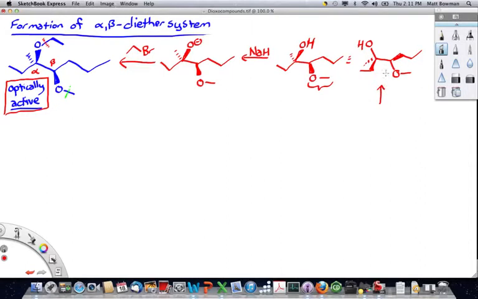The epoxide, in this case, you keep the stereochemistry of the carbon bearing the OH the same. And you keep the propyl group also as a wedge.